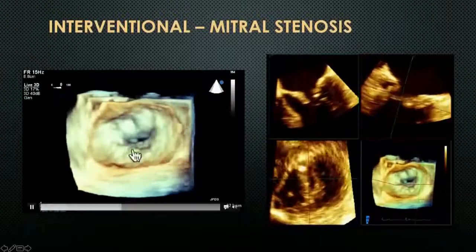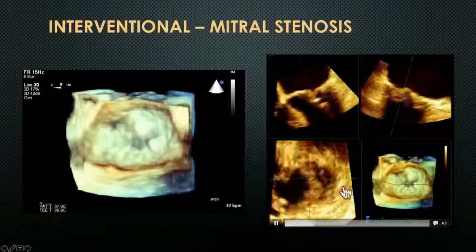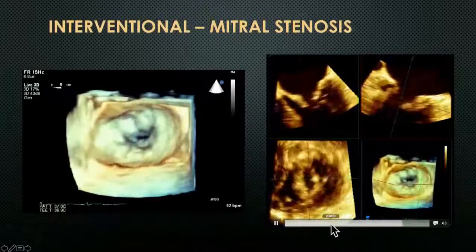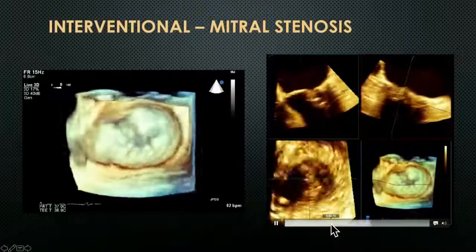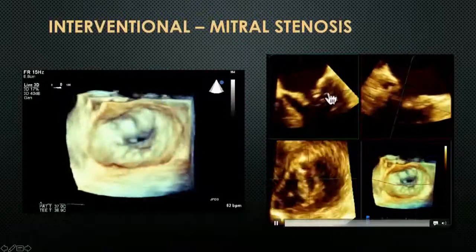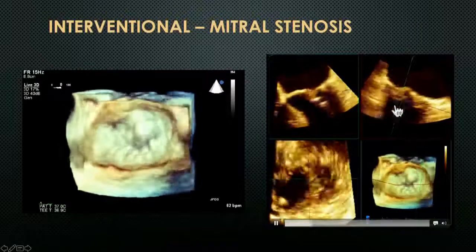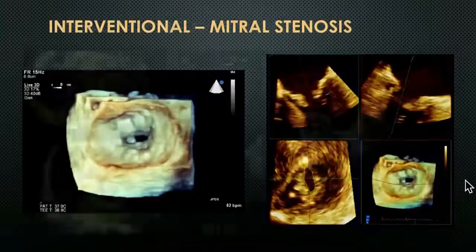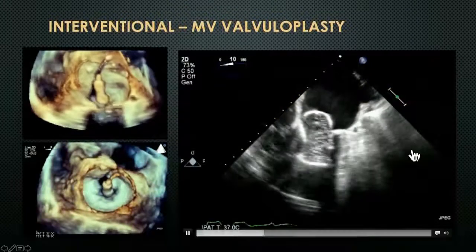We can use 3D imaging to get a very accurate planimetry or assessment of mitral valve stenosis by being able to position our planes precisely at the actual orifice of the mitral valve. So that's an important application.